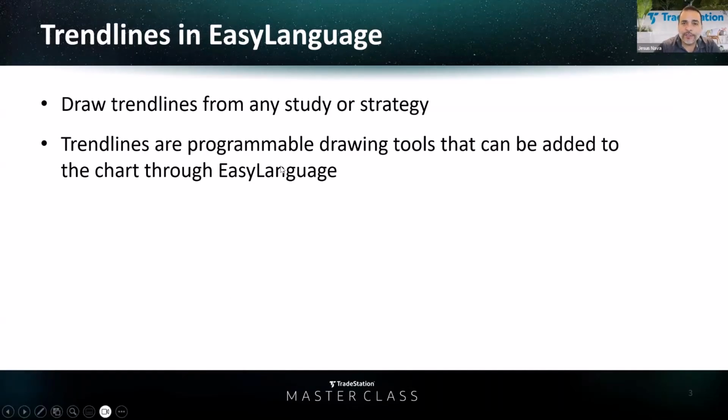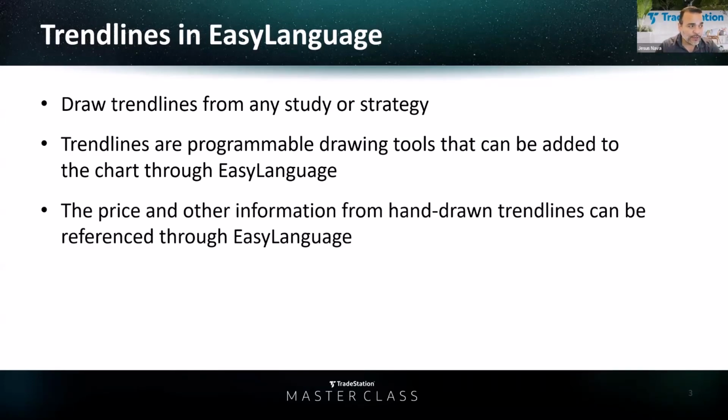In general, you can do the same drawing of a trend line using EasyLanguage so that they are created automatically for you based on certain conditions. The price and other information from a hand-drawn trend line can be referenced through EasyLanguage. I did a class not long ago, and we talked about trend line strategies.